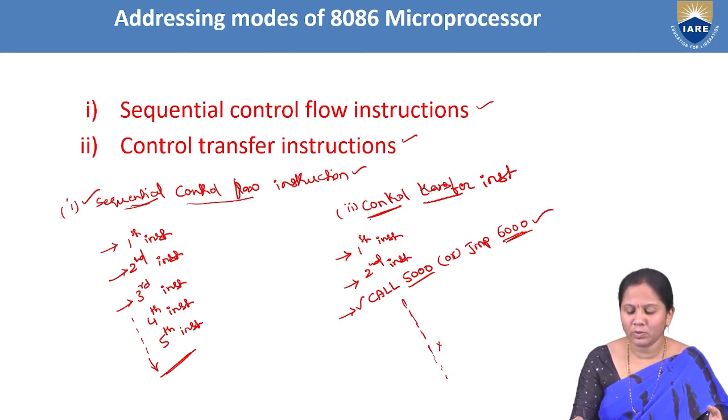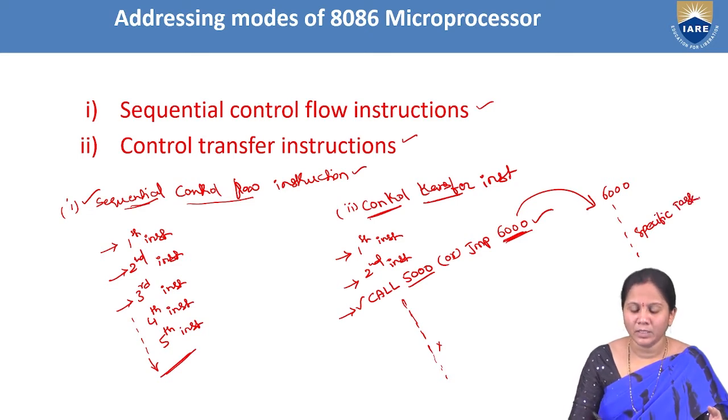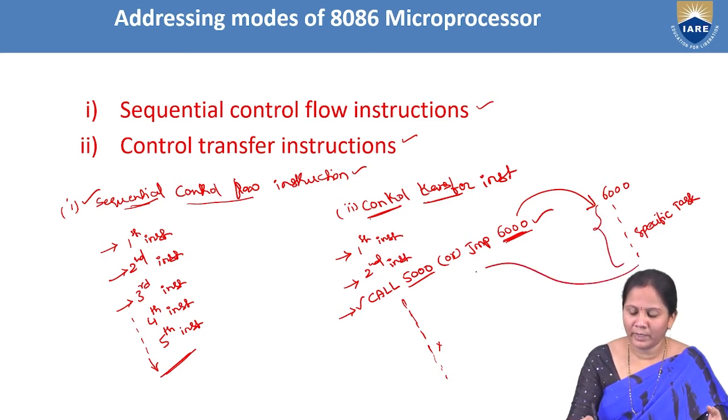It goes to some predefined address where the instructions have been written in order to perform a specific task. This is the difference between sequential control flow and control transfer instructions. After executing that routine, the control will come back to the main program and it executes the remaining lines in the main program in the sequential order.